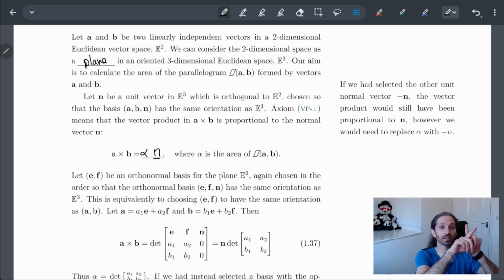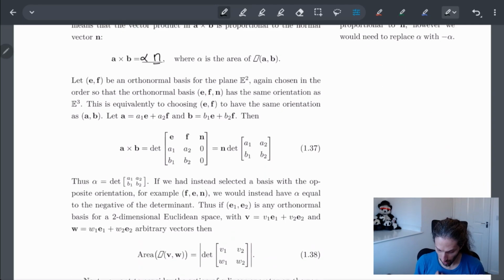Because remember how we said that the cross product is precisely the vector orthogonal whose length is the area. And since n is a unit vector, in other words its length is 1, you multiply the lengths. That gives you the length of the area. So alpha is really just the area.